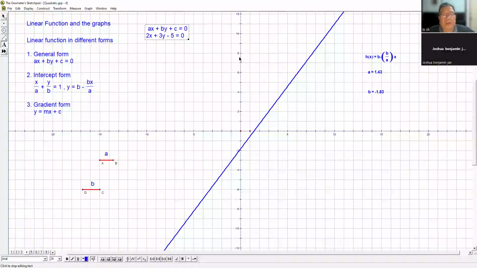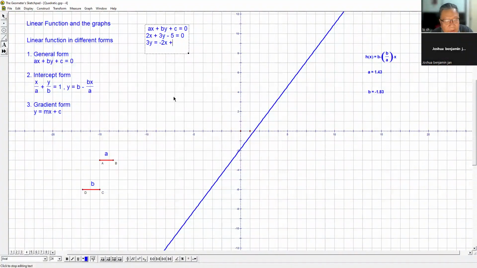Now, this general form, I can actually change it to intercept form or gradient form. Okay, this is a straight line. If I want to change it to, let's say, gradient form, so I leave the y on the left-hand side. So I have 3y equals to negative 2x. The 2x I bring over to the other side, becomes negative 2x.